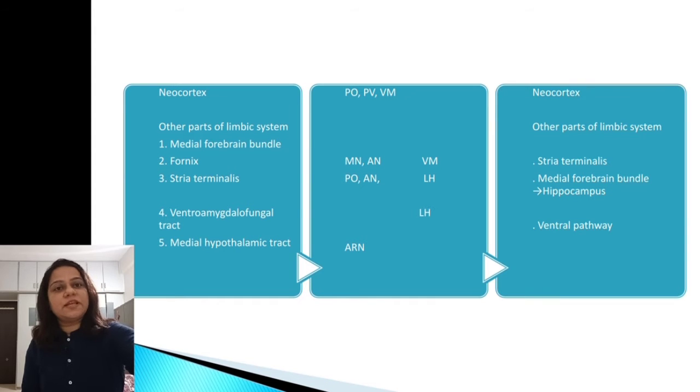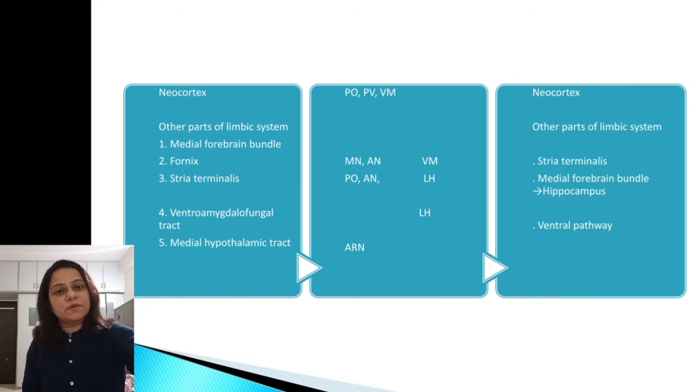Different parts of the limbic system send fibers to the different nuclei of the hypothalamus. It is mainly through the medial forebrain bundle, fornix, stria terminalis, ventroamygdalofugal tract, medial hypothalamic tract.